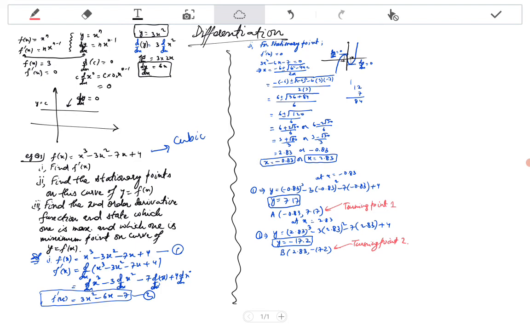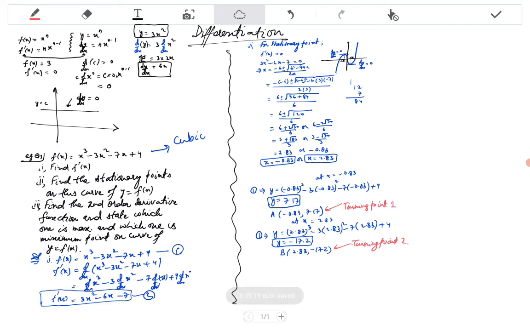So the quantity on the y-axis is actually the value of the function. So if it is required to state the stationary values of the function, then only state 7.17 and minus 17.2 as stationary values of the function. These are two stationary values.